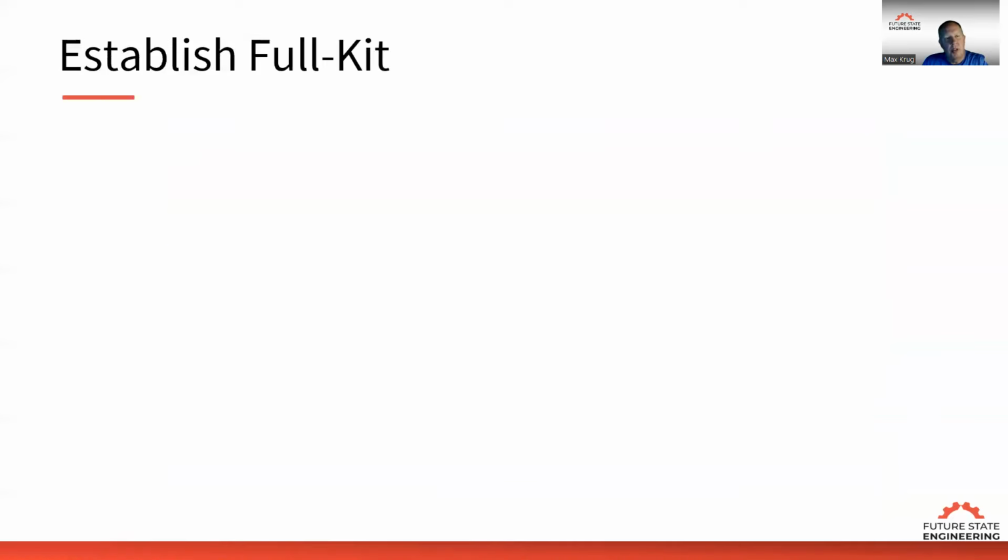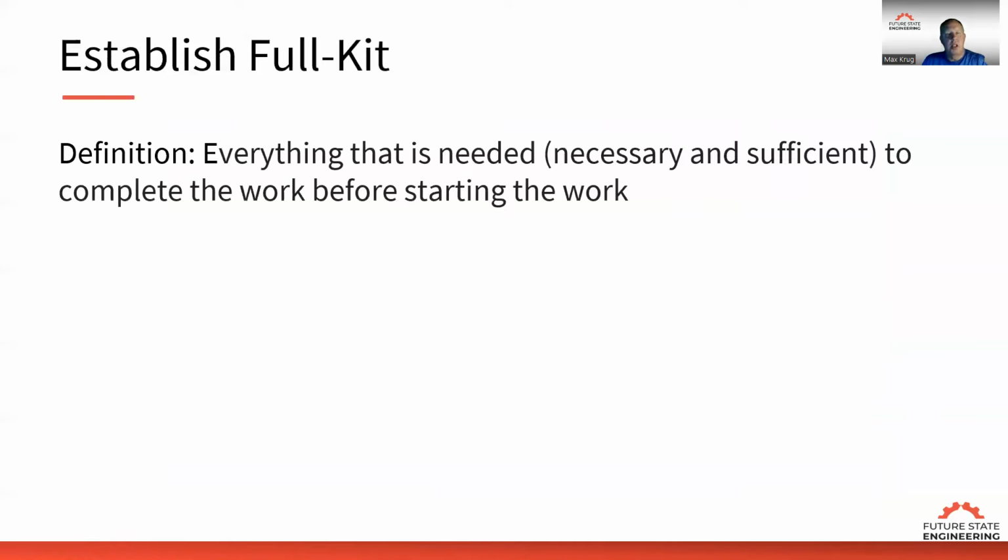Now, if I establish FullKit, what is FullKit? That's basically everything that is needed, and we say necessary and sufficient. It's not only having the necessary things, it needs to be sufficient, meaning they need to be correct. It doesn't do us any good to have the necessary things but not being correct. So we need both conditions, and it's everything that we need to complete the work before starting the work. So it's not having everything to be able to start the work on time.